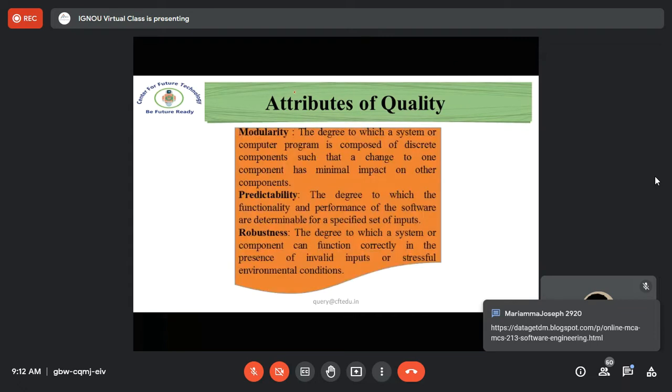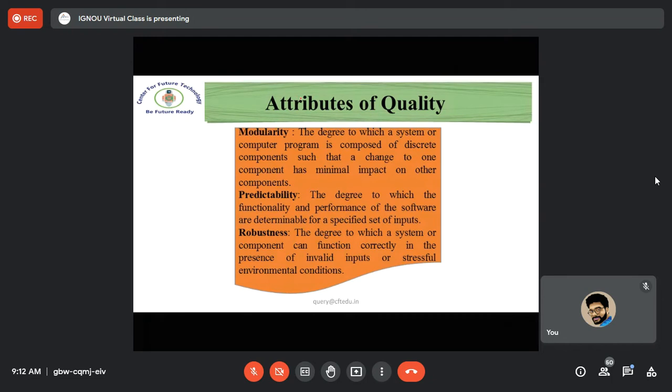Modularity. It is always a good practice in software engineering, and rather it is an approved and recommended practice, that the degree to which a system or a computer program is composed of discrete components such that changes to one component have minimal impact on other components.